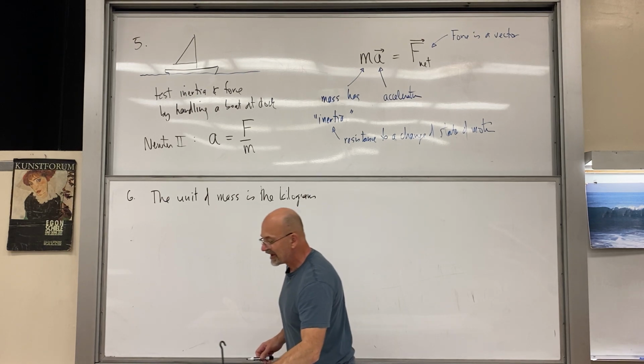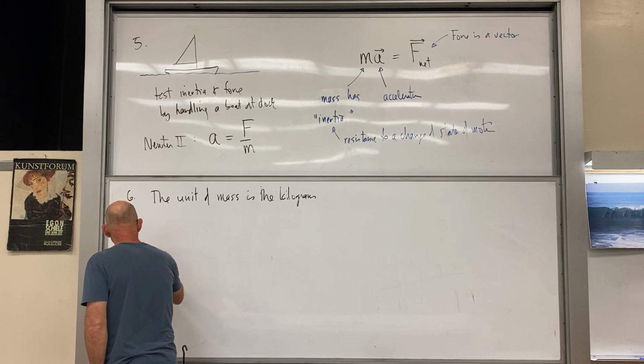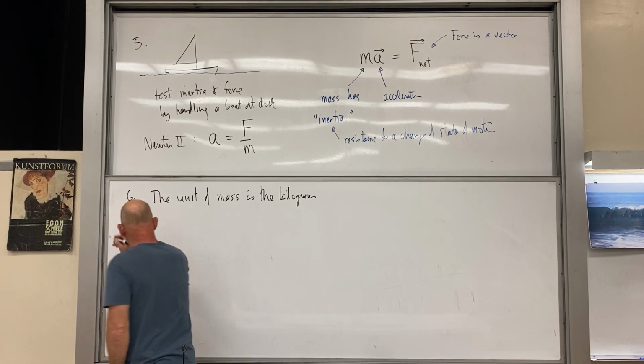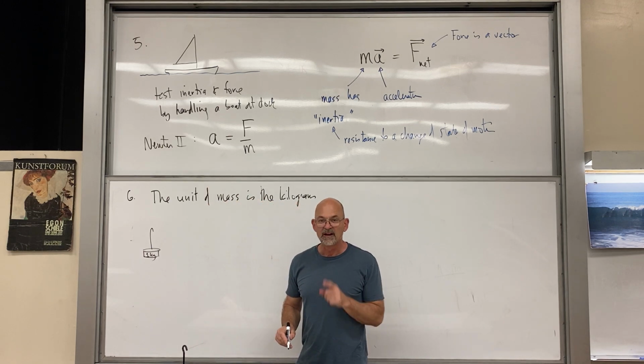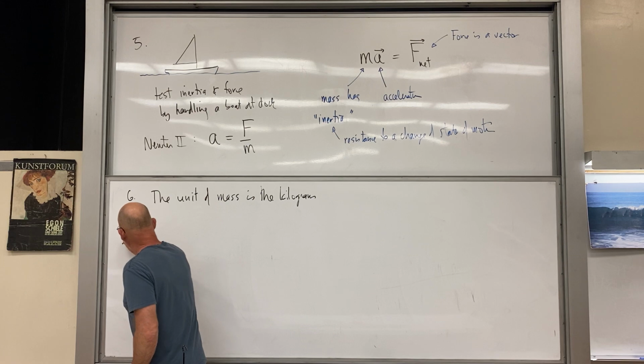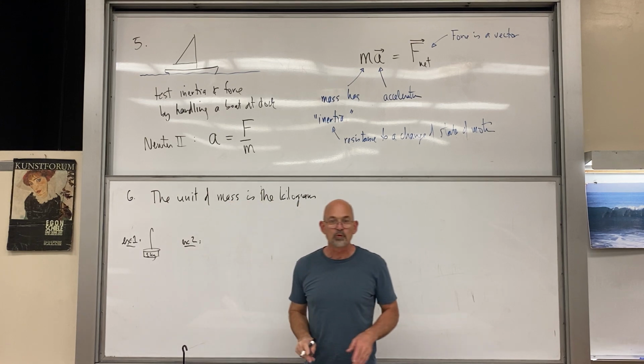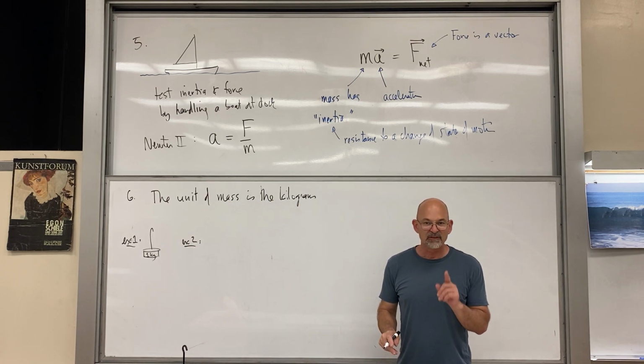So what else has a mass of 1 kilogram? I'll draw this mass here with the hook. That's 1 kilogram, so this is example 1. Example 2 is even more important. A liter of water has a mass of 1 kilogram.